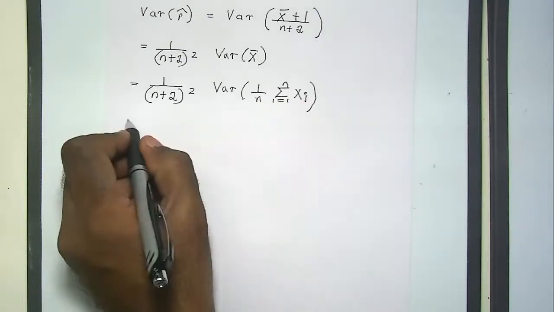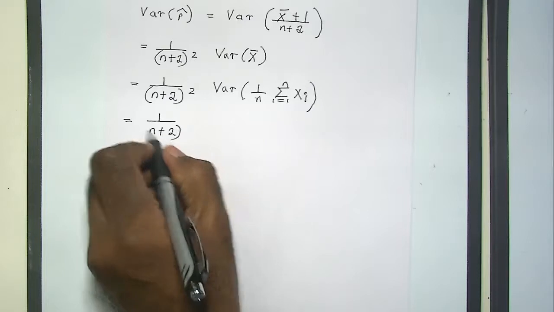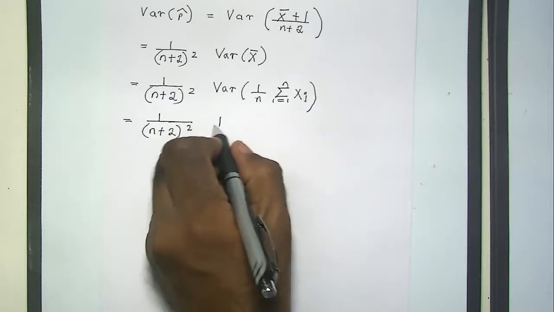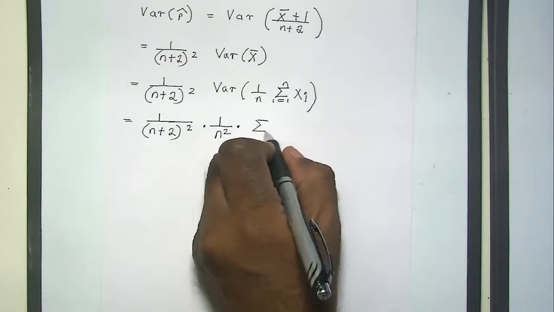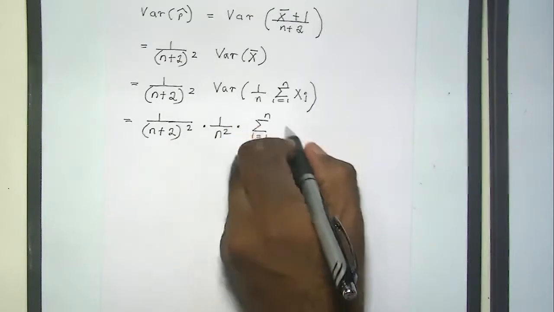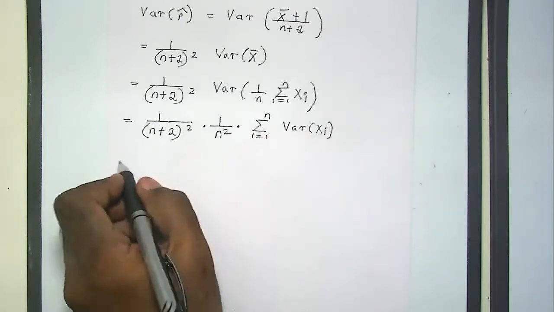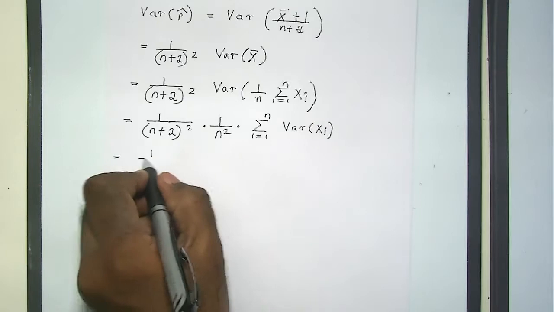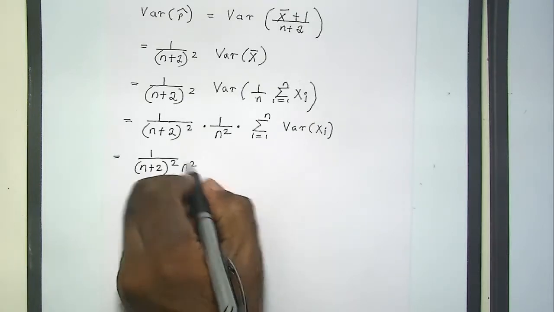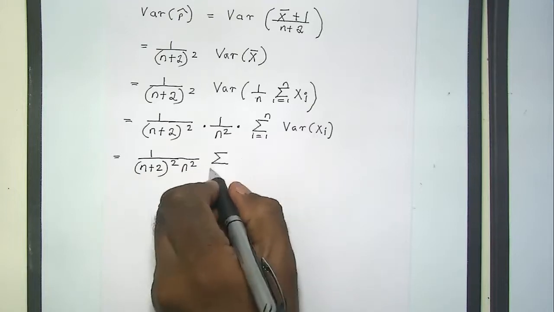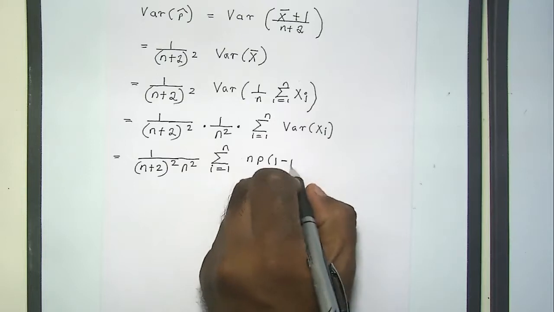Now taking the variance inside the brackets, you get 1 over n squared times the sum of the variance of xi. I'm sure all of you know that the variance of a binomial variable is n p times 1 minus p.